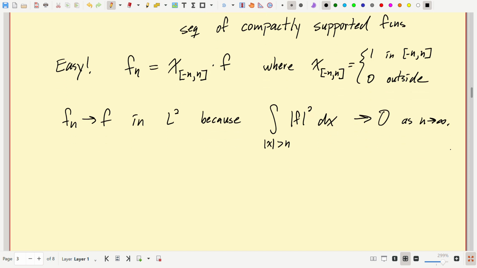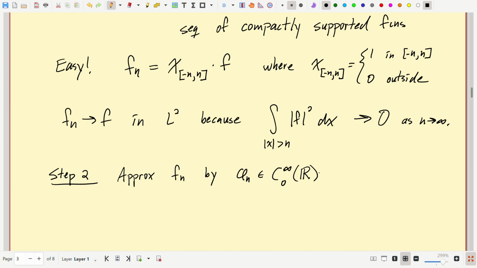Okay, so the next step is to smooth it out. So next, approximate my compactly supported thing by, I'll call it a phi n, that's compactly supported and C infinity smooth on the real line.